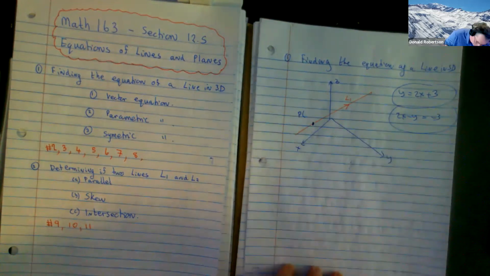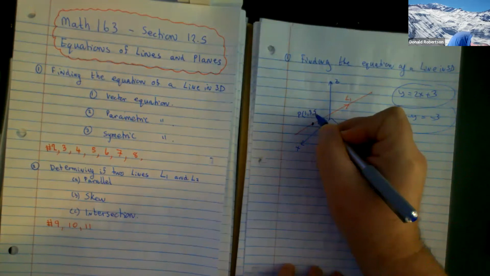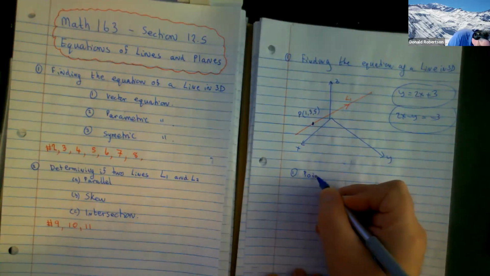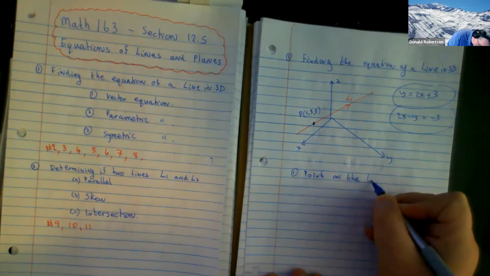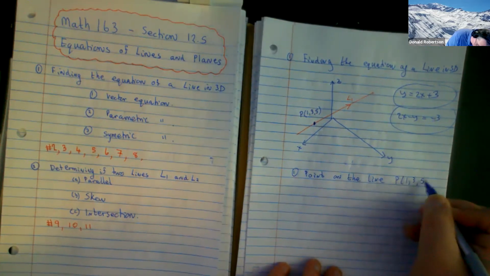First, you need 2 pieces of information. The first thing you need to know is a point on the line. Any point will do. In this case, I'm telling you the point 1, 3, 5.